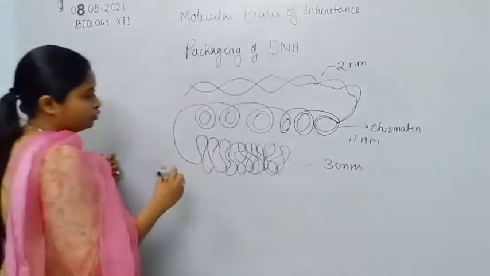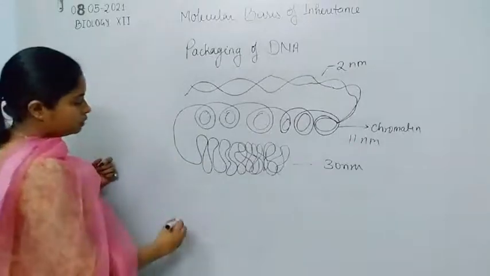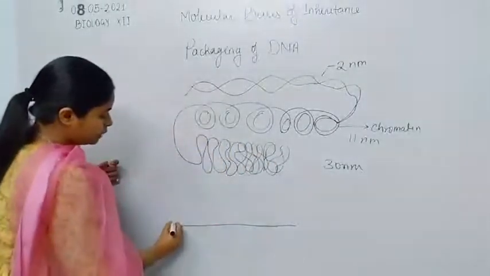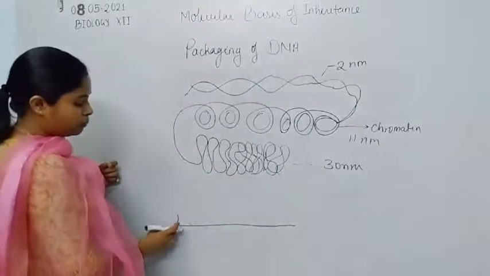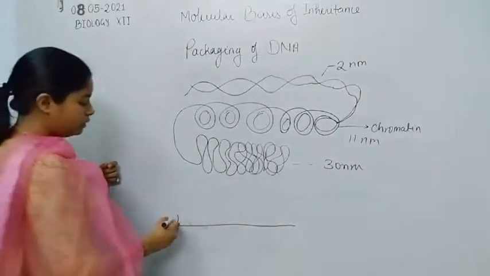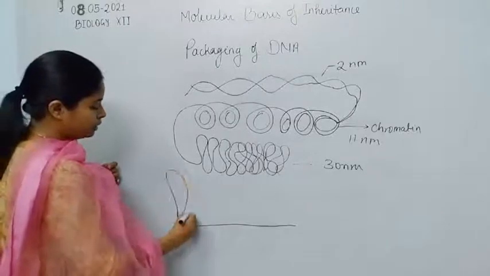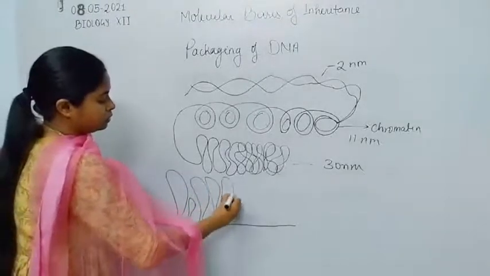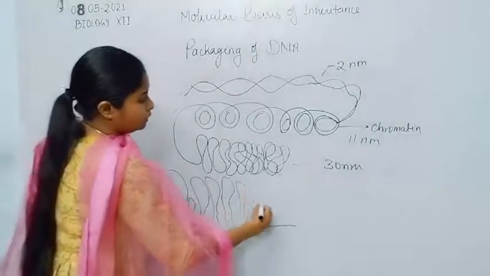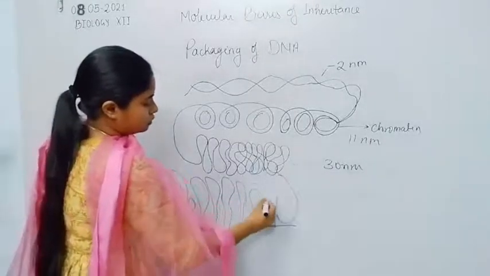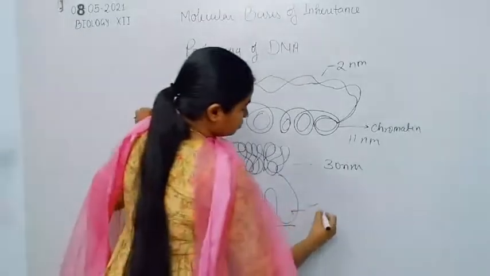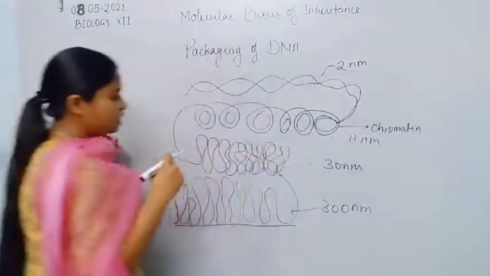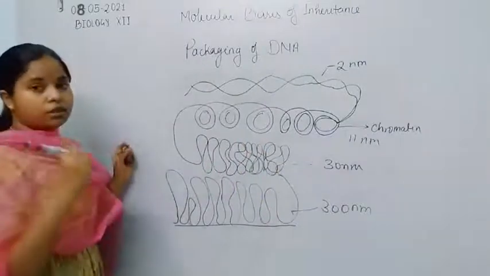Now the 30 nanometer structure is converted into the protein scaffolding, where they arrange on the protein thread or protein fiber in a brush border like manner, to form the 300 nanometer structure.